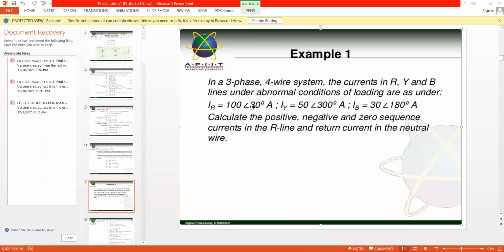First of all, in such a condition we have to understand the concept behind this particular numerical. What quantities are given, how many quantities are given, and what we have to find out.